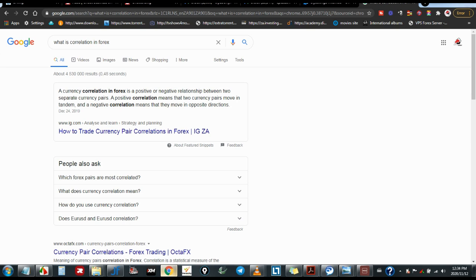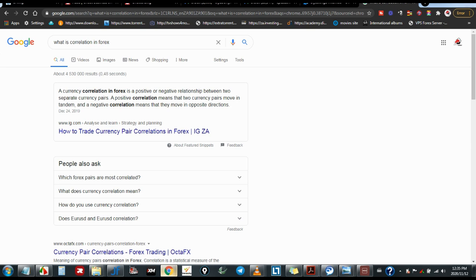So in order for correlation to exist in the forex markets, you must have at least two separate currency pairs, for example EURUSD and USDJPY. Both of these pairs have correlation, whether they are correlated together or correlated with other pairs in the forex market.